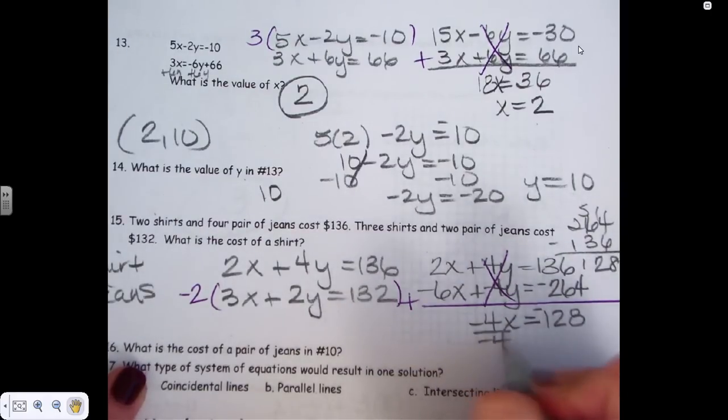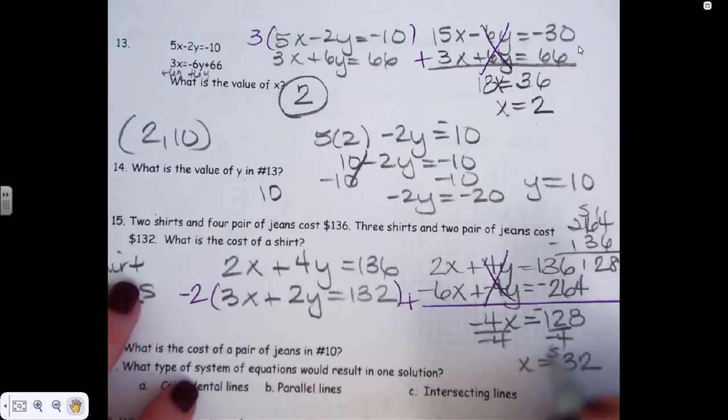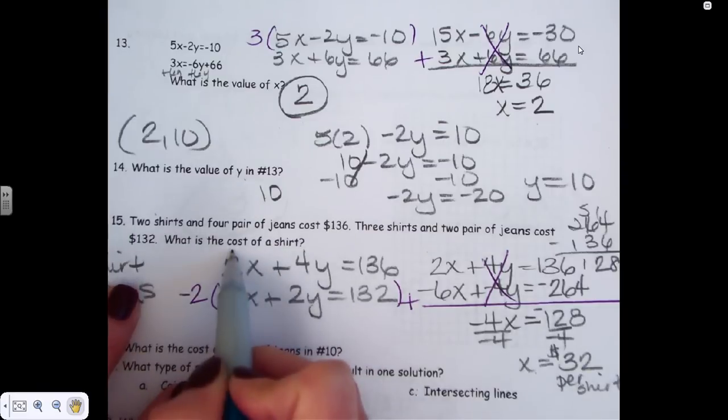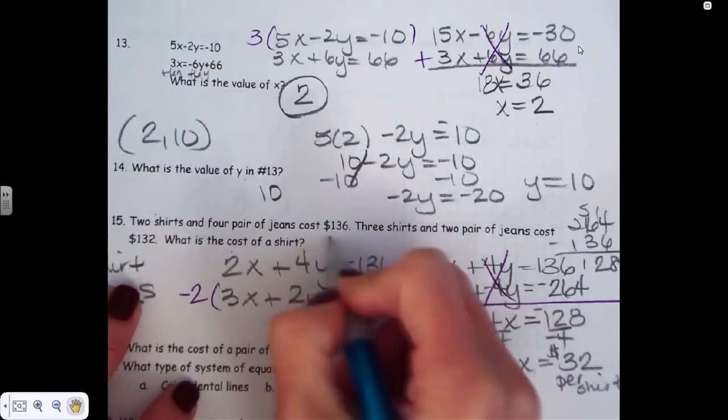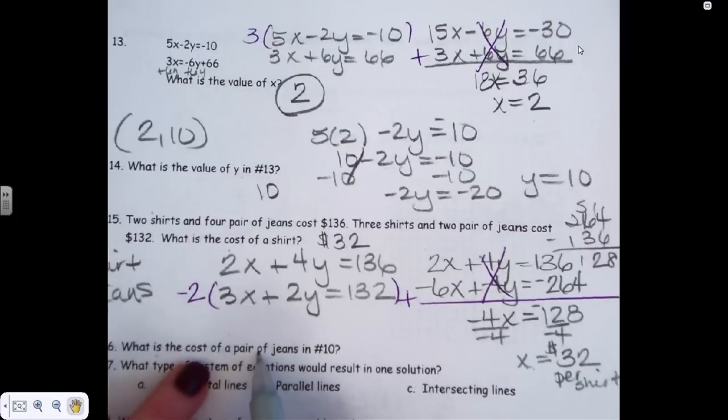Divide by negative 4. So x is equal to 32. 32 what? And we said x represents shirts. It's $32 per shirt. And that's what this was asking you. How much is a shirt? $32.